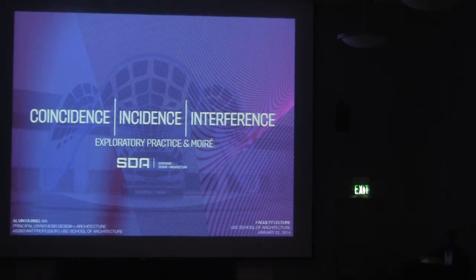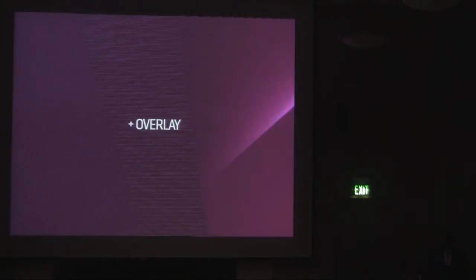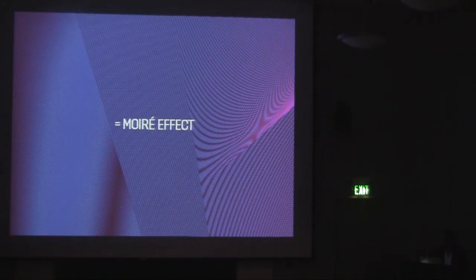So the title of my talk, Coincidence, Incidence, Interference, deals with the moire effect. The moire effect is basically you take a pattern and you add an overlay, and the intersection of those patterns creates an emergent third pattern.